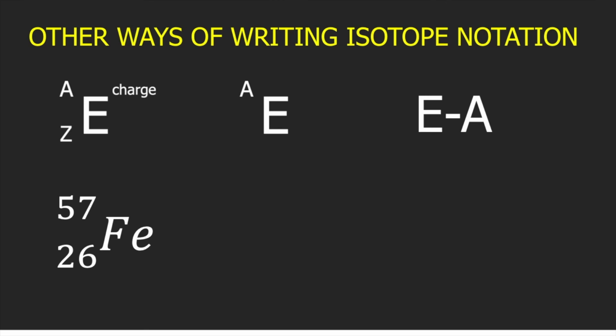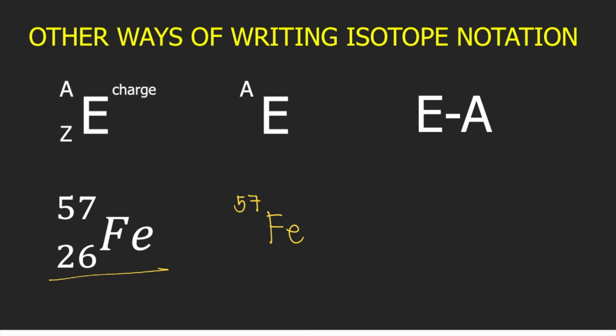So for example, if this is your A Z E notation, how would you write the other forms? For the second way of writing an isotope notation, you can omit the 26. So instead, you can just write 57 and then Fe. So this is another way of writing the isotope notation.